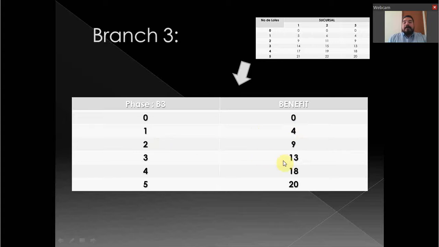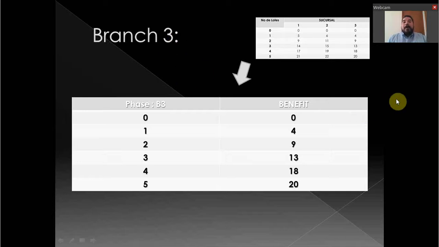If we assign 2 lots, we have a benefit of 9. And if we assign 3, we have a benefit of 13. And if we assign 4, we have a benefit of 18. And if we assign 5 lots, we have a benefit of 20,000 pesos. This is the analysis for branch number 3.